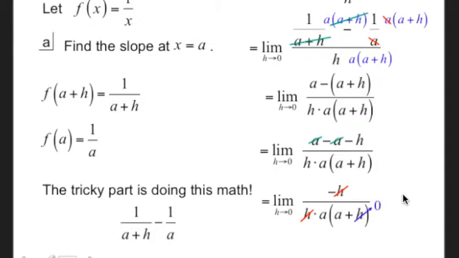Then we take the limit as h goes to 0, so we can just say this h value is equal to 0 here. So we have negative 1 over a squared. That is the expression for the slope of the curve at any arbitrary point a, or x equals a.